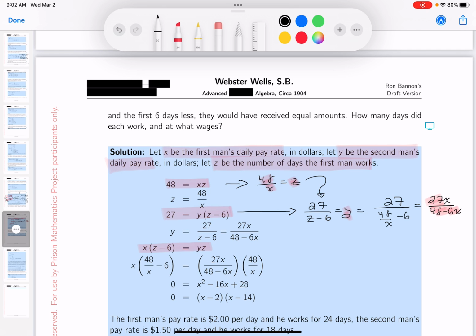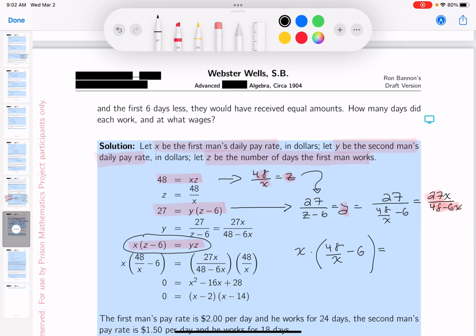And what would you get? X, we go into this equation now, times, well, what's Z? It's 48 over X minus 6 equals, what's Y? Well, I got that right over here.